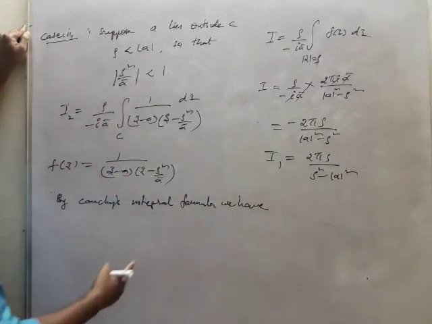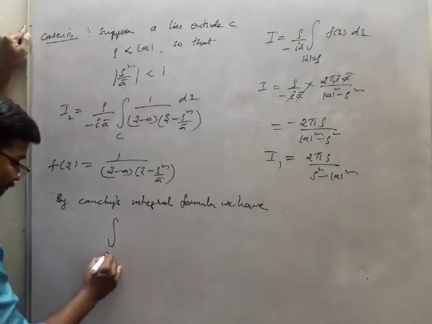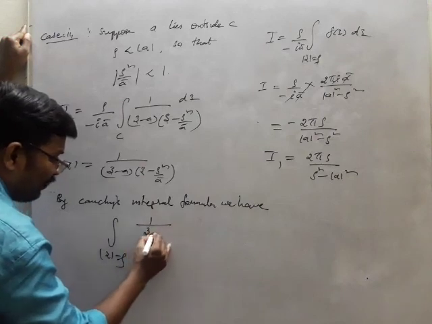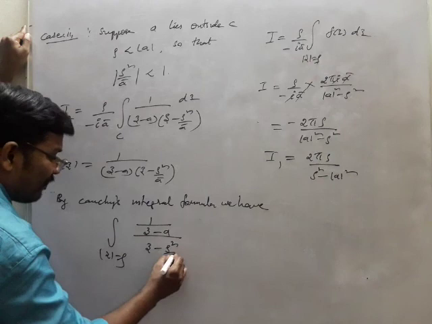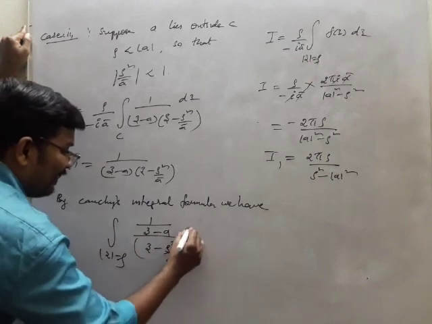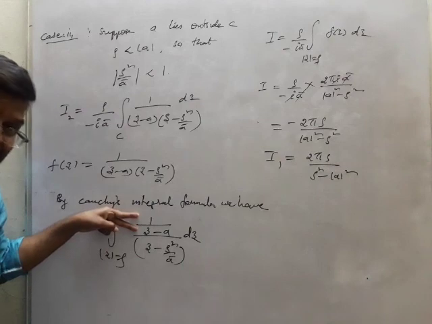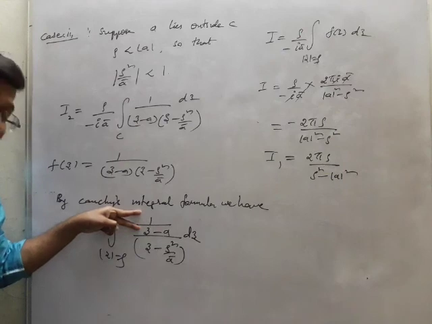Same thing what we have done in the previous one, same thing we'll do. Integral over mod z is equal to rho, whichever is not lying inside I'll take to the numerator, z minus a by z minus rho square by a bar dz. This is f of z, 1 by z minus a, where a is lying outside. So we are taking the numerator according to Cauchy's integral formula only.